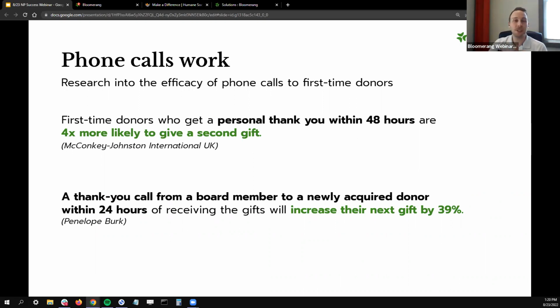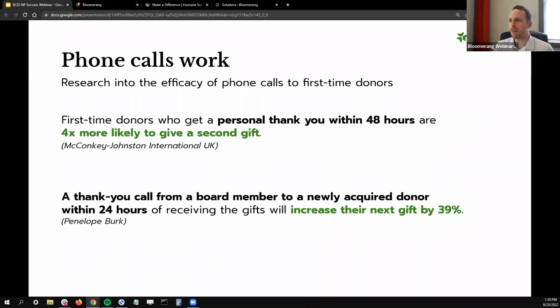Bloomerang's research shows that just calling donors, and I would say even attempting to call donors, makes a huge difference. This is not having an hour-long conversation with each donor. This is simply calling a donor, maybe even just leaving a voicemail saying, hey, Mike, thanks for your donation. Really glad you were able to give to this cause, and this provided X for Y.